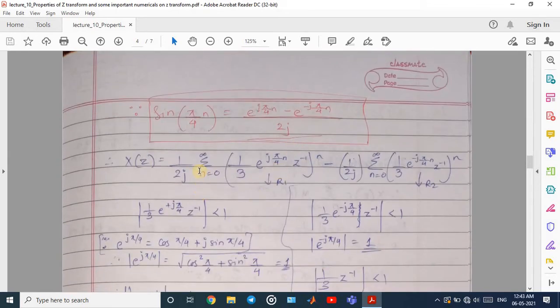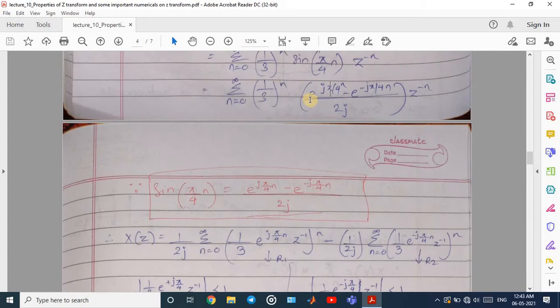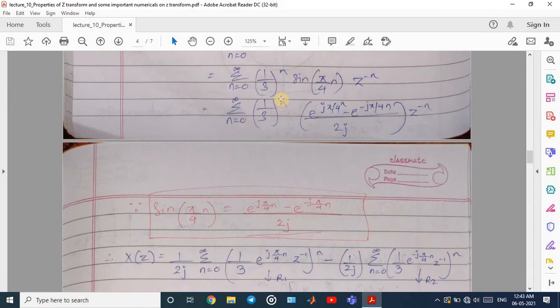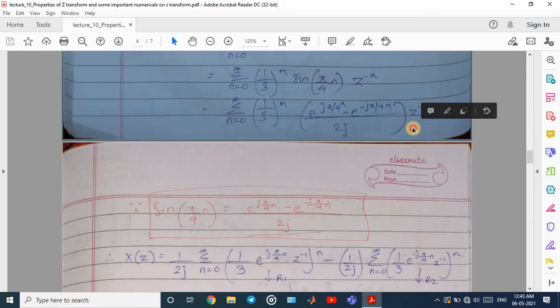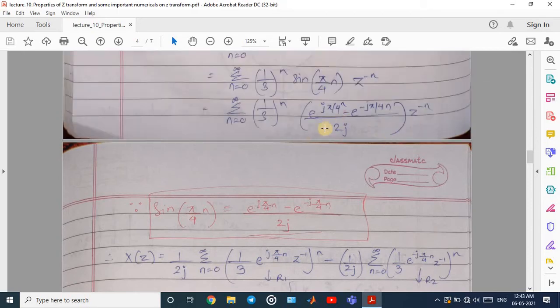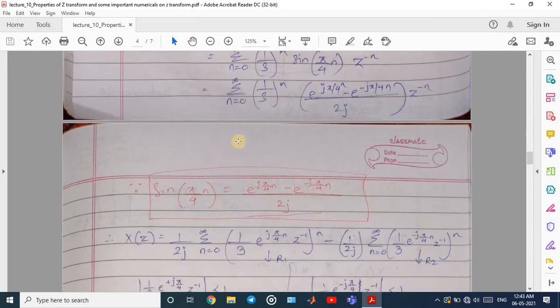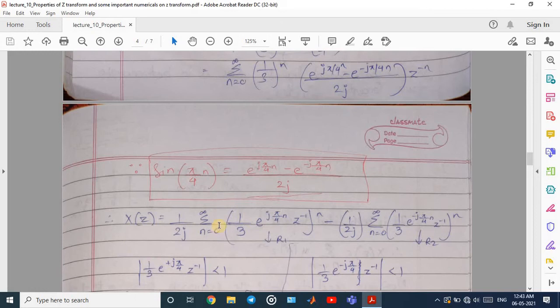So just take 1 upon 2j outside. We can see here this is n, this is minus n. This can be multiplied by taking common n, but 1 upon 2j can be taken outside. So take 1 upon 2j outside, then summation of n equals 0 to infinity.